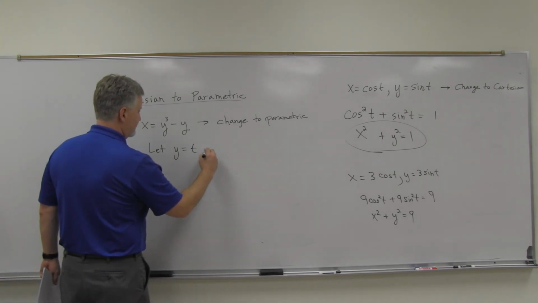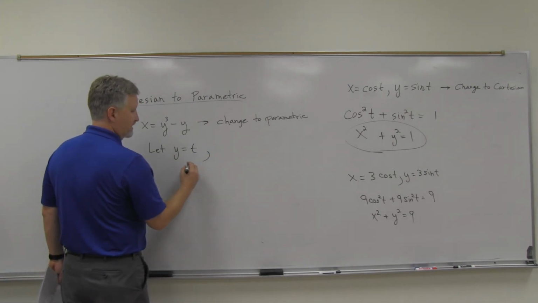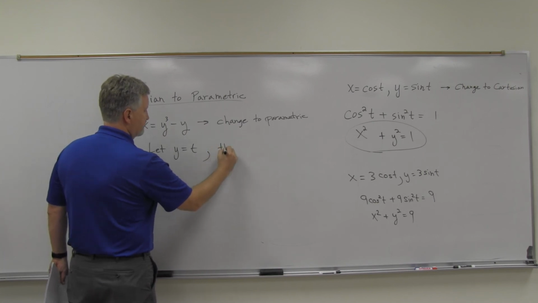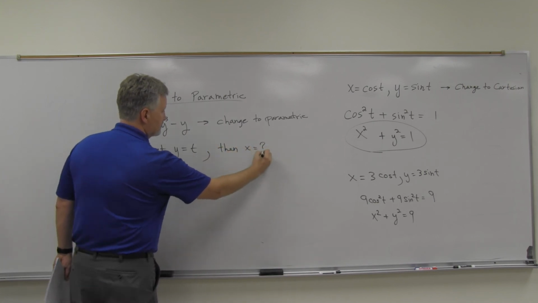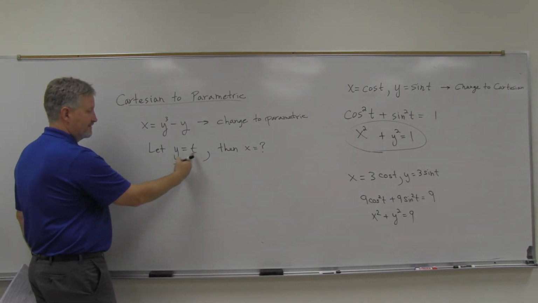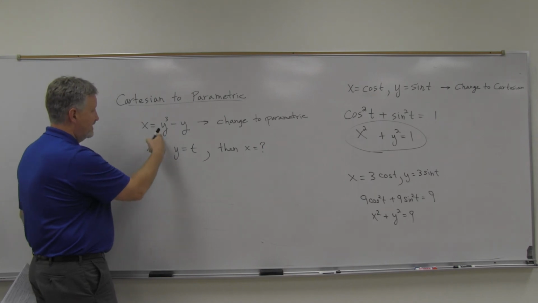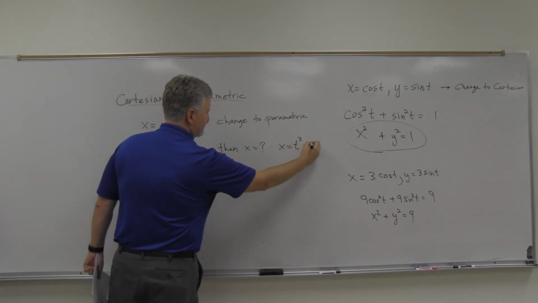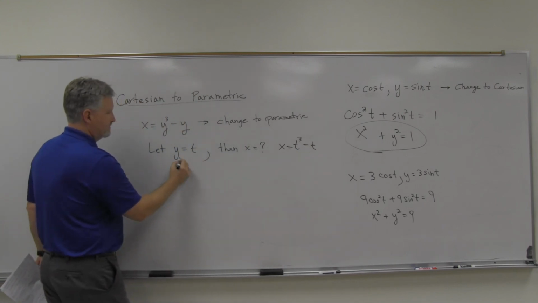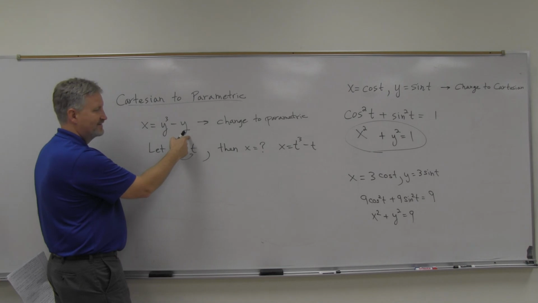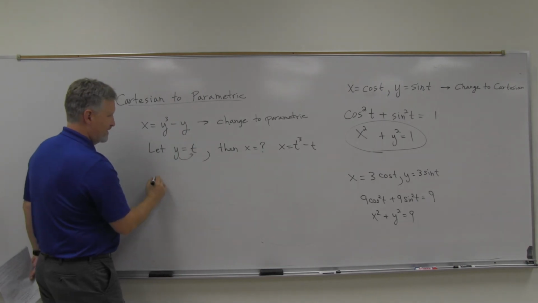And then, if that's the case, what about the x? Well, if y is t, can I substitute t for y? X would be t cubed minus t. Because I can just substitute t for y. So that's our parametric.